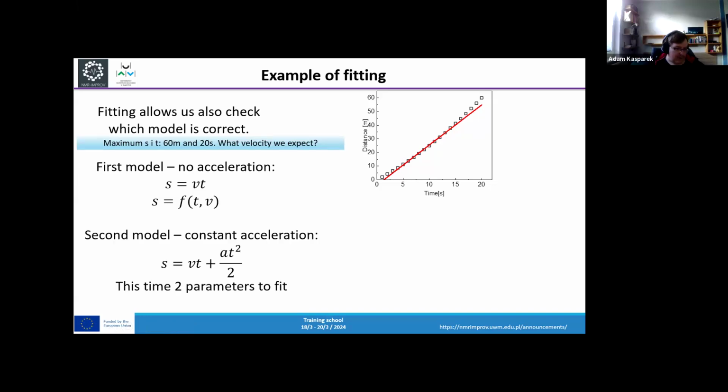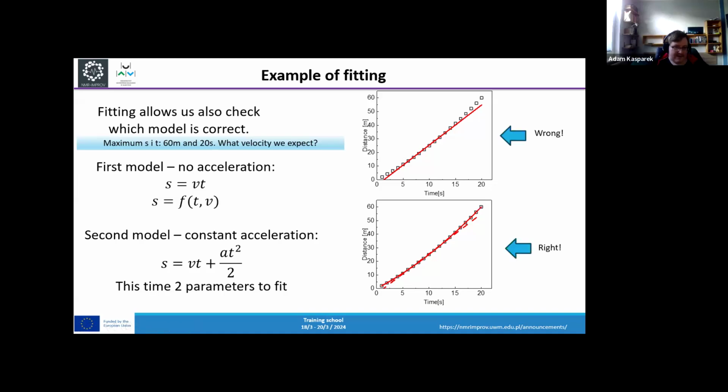And if we check another model, this time with constant acceleration, where there are 2 parameters to fit, we can see that the fit is much better. And frankly, that means that this is wrong and this is right.